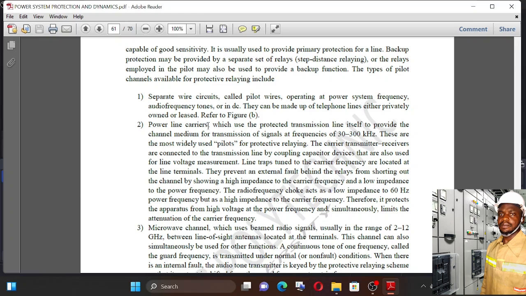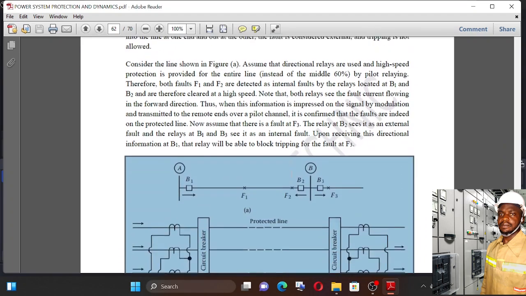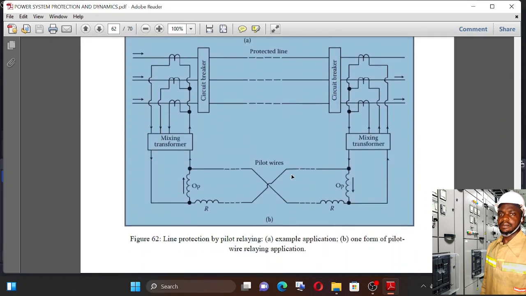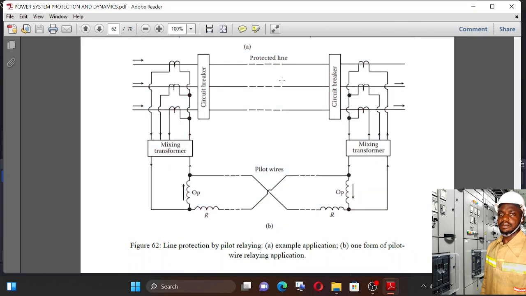We also have power line carriers and microwave channels. So those are different types of channels that can be used. For example, we have the pilot wire scheme here. So you see the two current transformers here at the two ends to protect the line. Then you have a pilot wire that runs all through the line.